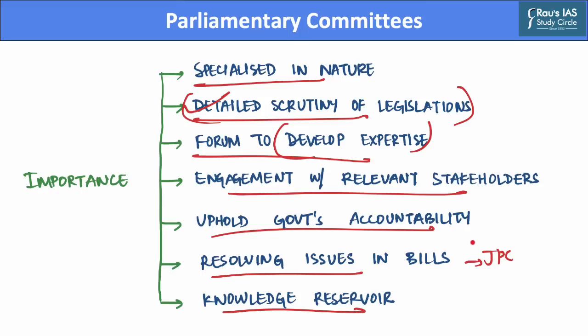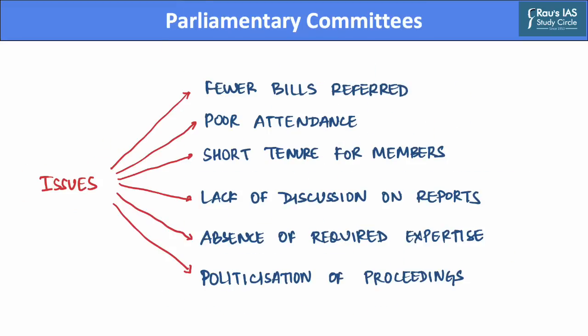Now, parliamentary committees, despite their importance, have faced certain issues in their functioning. What are these issues? Let us take a look in the next slide. The first issue that parliamentary committees face is that fewer bills have been referred to them in recent times.